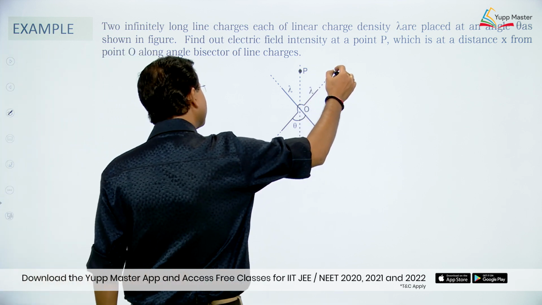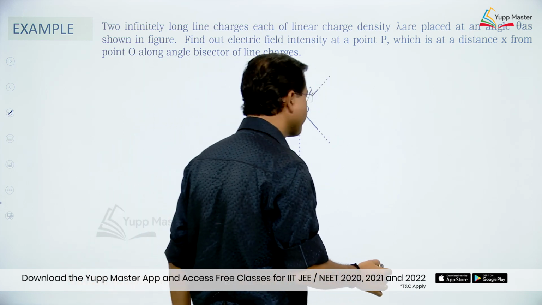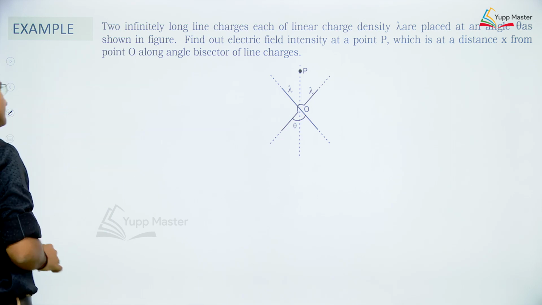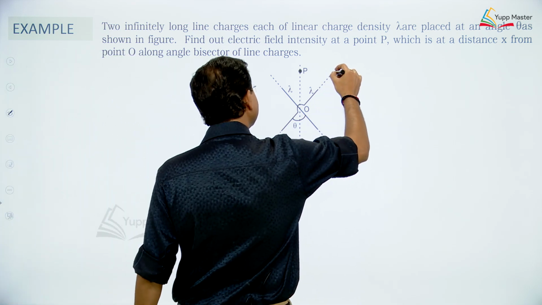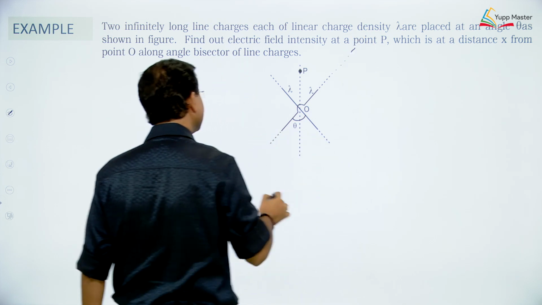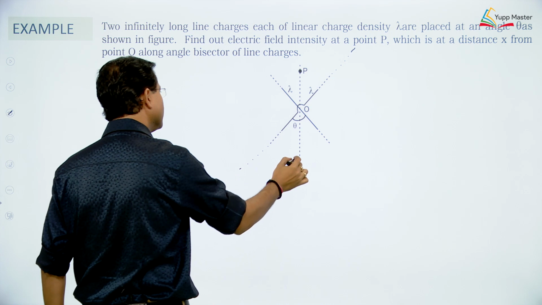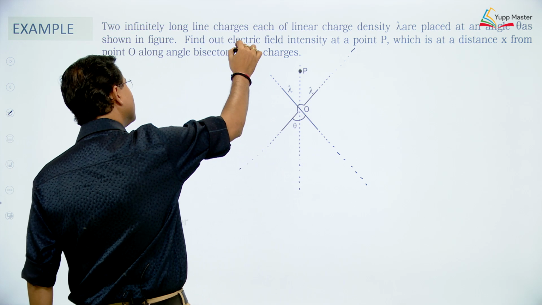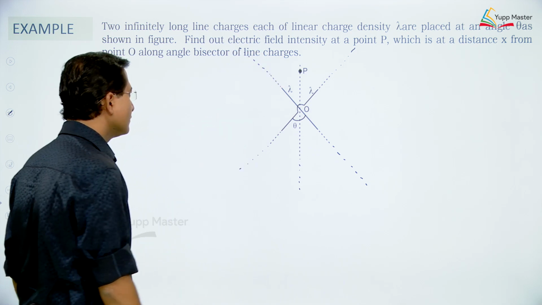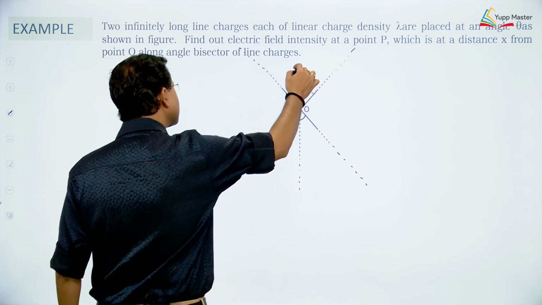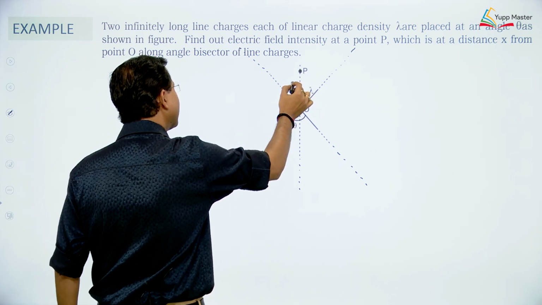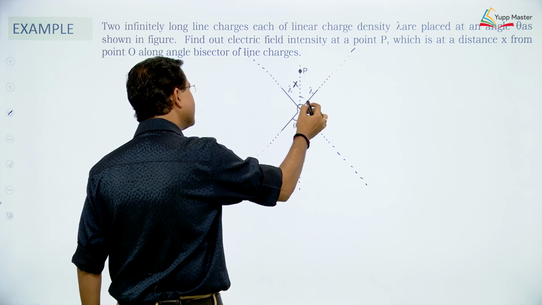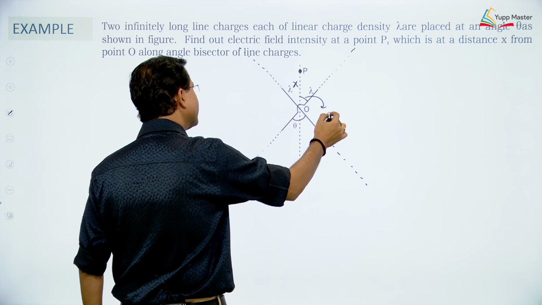So look at this one, if I extend this wire, let us call this distance some x, right, and if this angle is theta, this angle will be theta by 2, right.